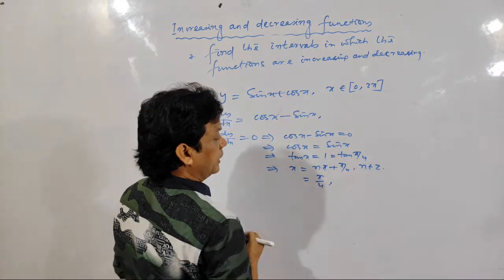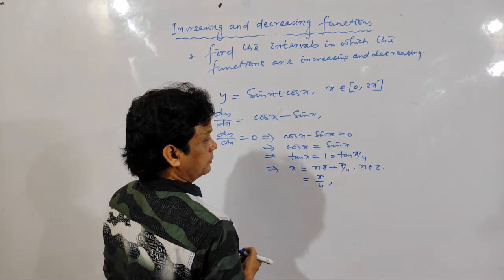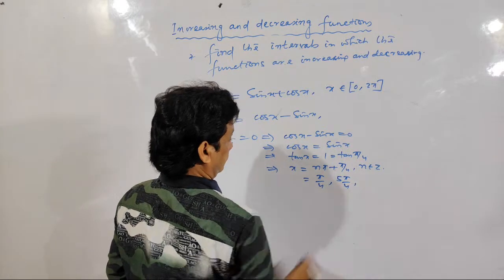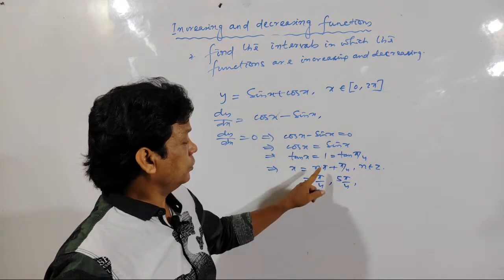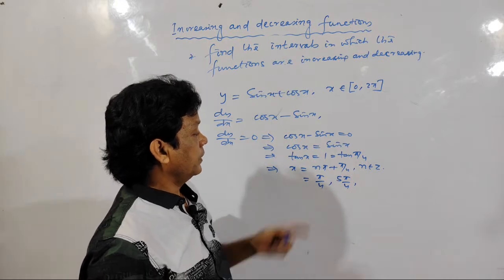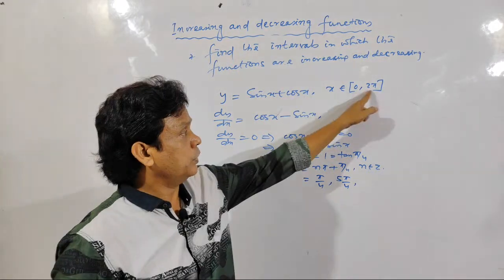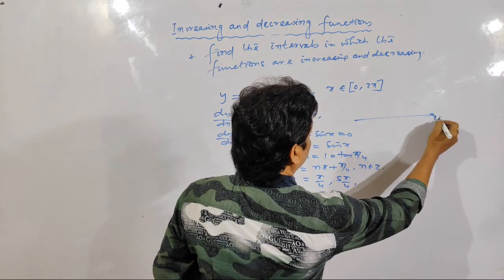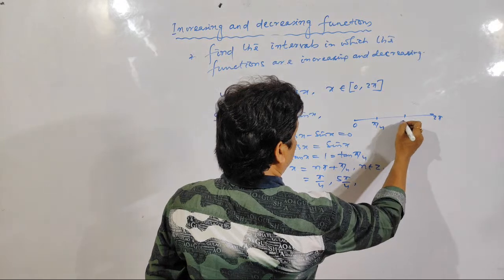And if n is equal to 1, it is 5 pi by 4. And if n is equal to 2, it will be 9 pi by 4. It will be more than 2 pi. So these are the 2 points. So this is 2 pi and this is 0, and these are the 2 points, pi by 4 and 5 pi by 4.